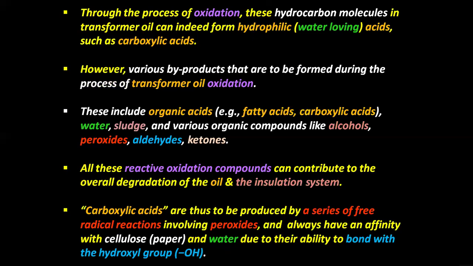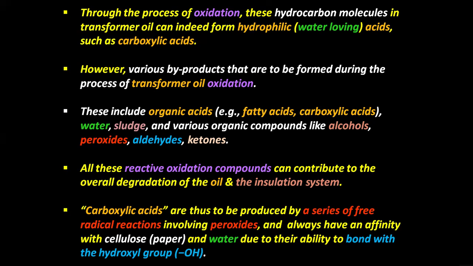Various byproducts are formed during the process of transformer oil oxidation. These include organic acids, especially fatty acids, carboxylic acids, water sludge, and various organic compounds like alcohols, peroxides, aldehydes, ketones. All these reactive oxidation compounds can contribute to the overall degradation of the oil and the insulation system.